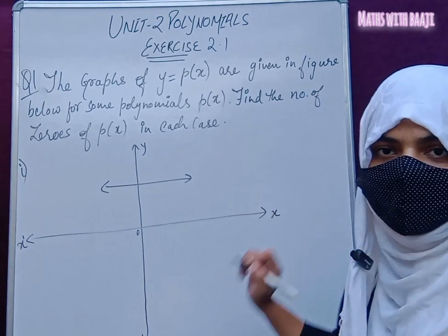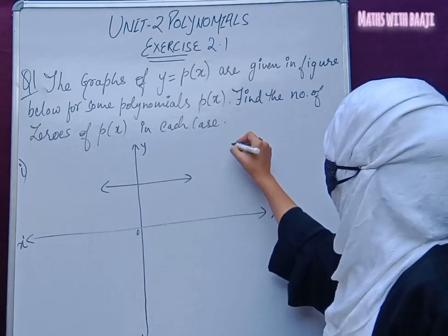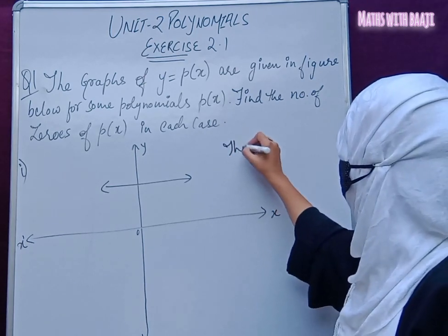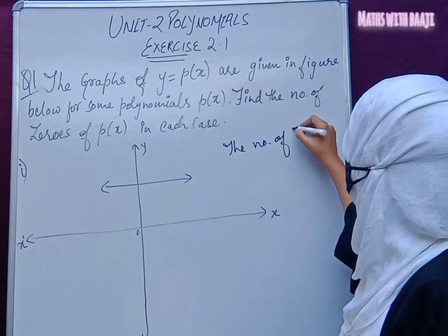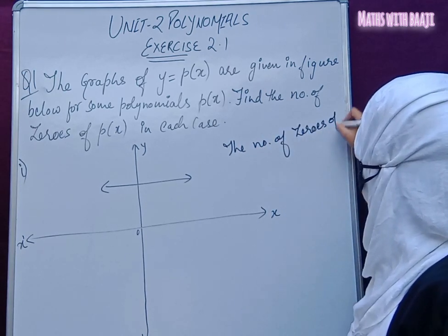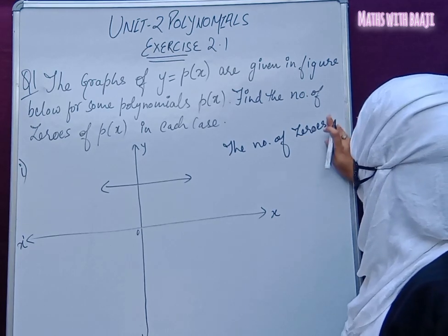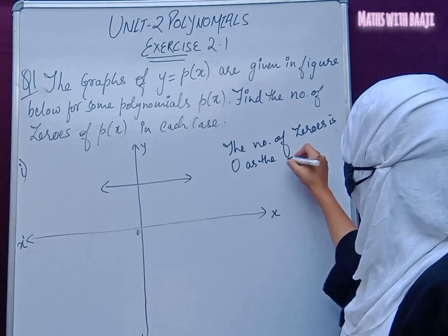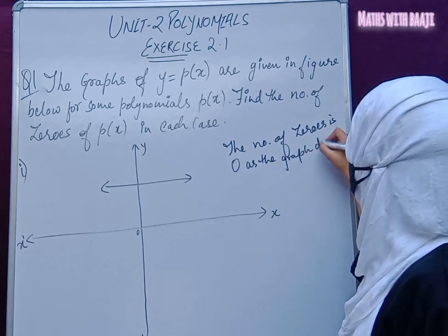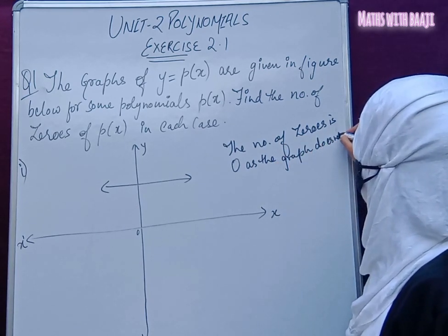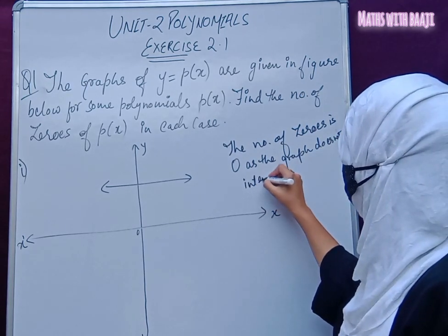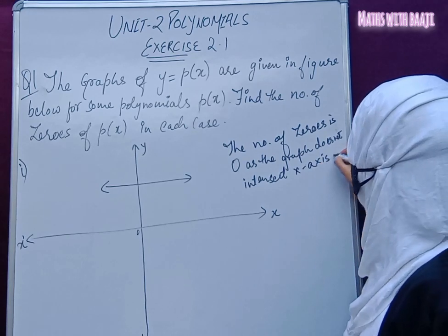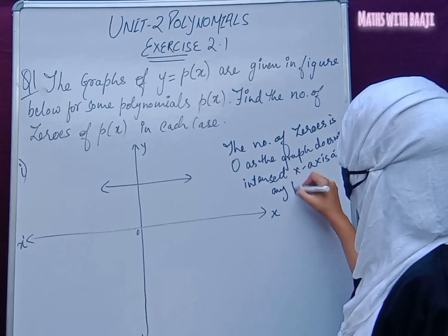So if you are asked to write the theory for this, what will you write? Just this much: the number of zeros is 0 as the graph does not intersect the x-axis at any point.